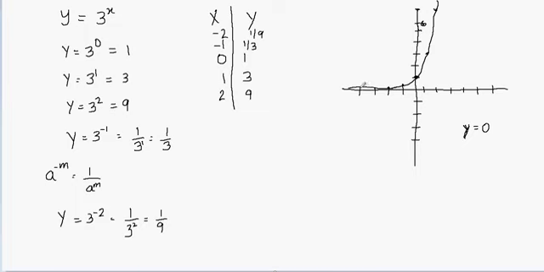That means your domain is all the real values. Let's say this is negative infinity, this is positive infinity. So the domain is from negative infinity to positive infinity, or we can say that the domain is all real numbers.